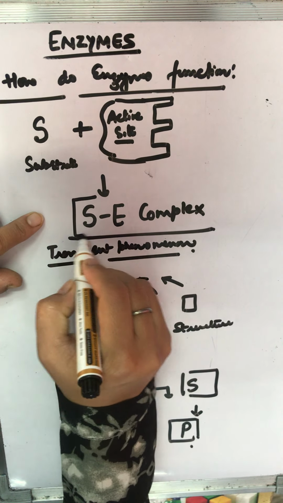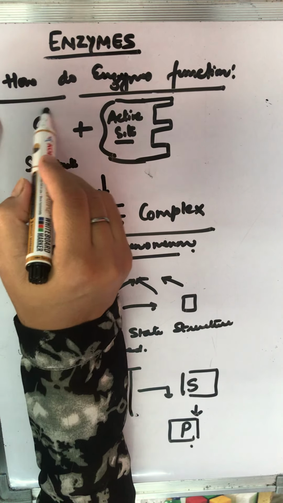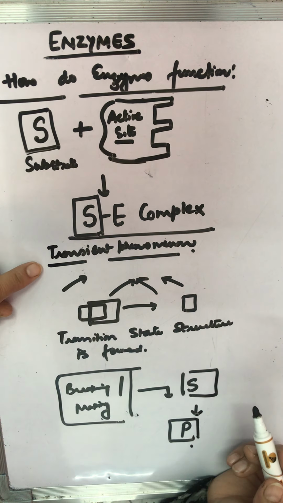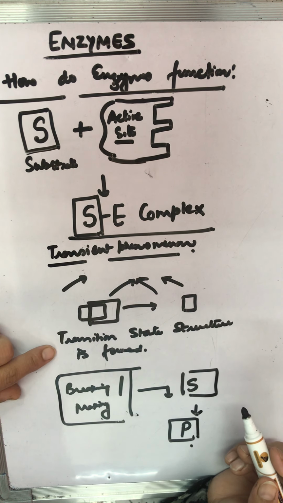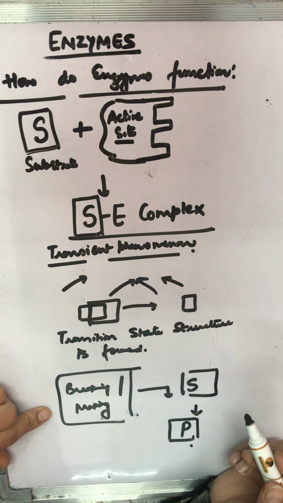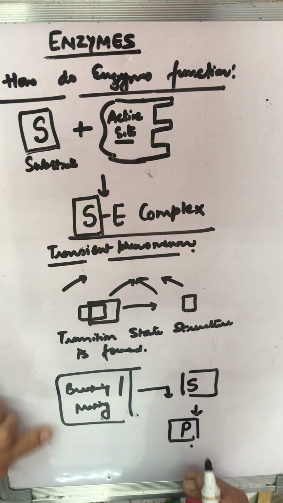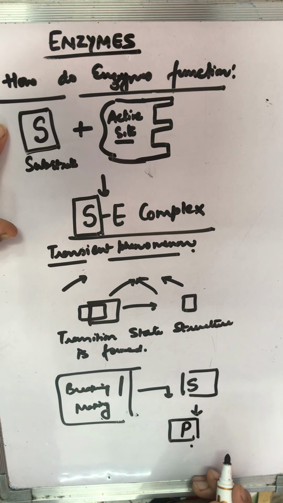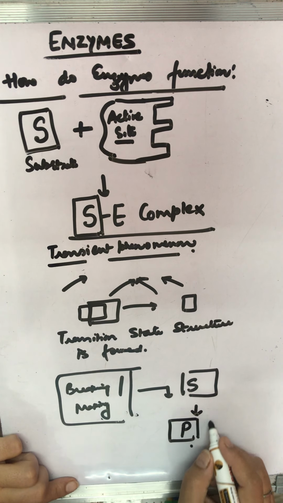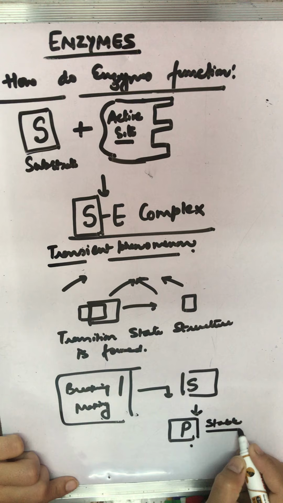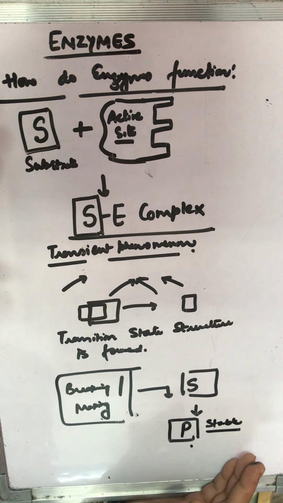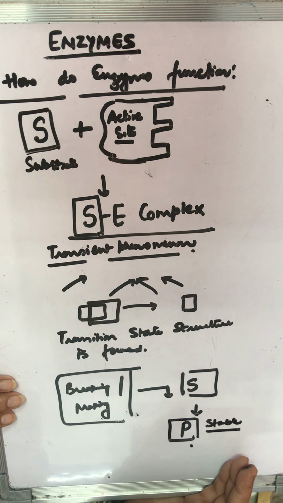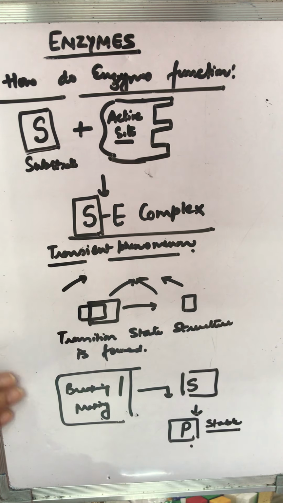This is a stable substrate. It undergoes so many changes. The transient phenomenon, where the transition state is formed, where the breaking and making of bonds is taking place, and there are many alterations. So the stable substrate then finally gets converted into a stable product. But in between they are all unstable. So we have a graph to explain the enzymatic action.